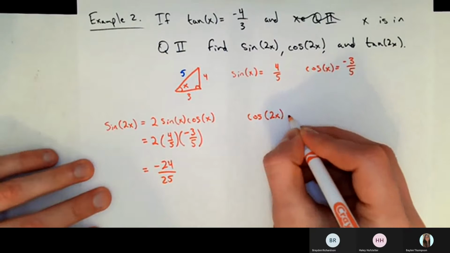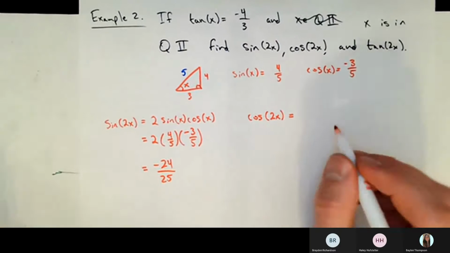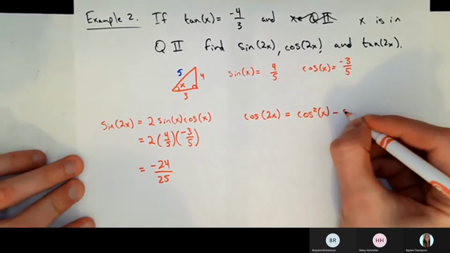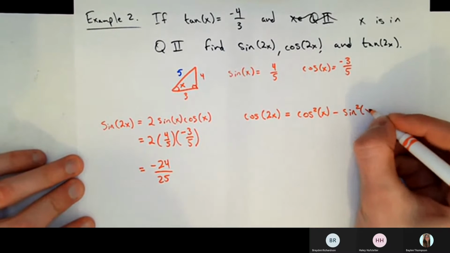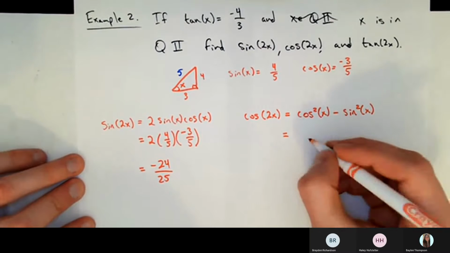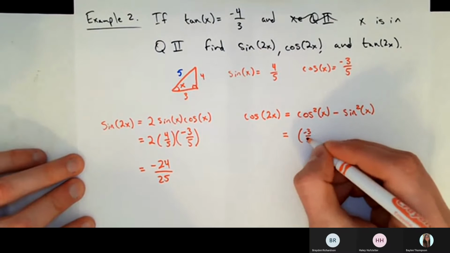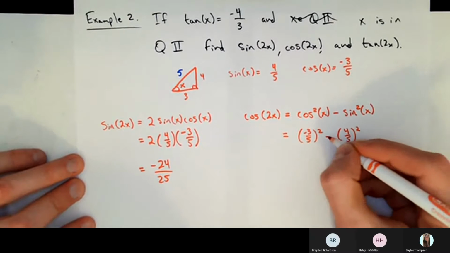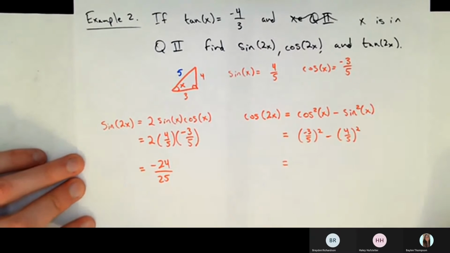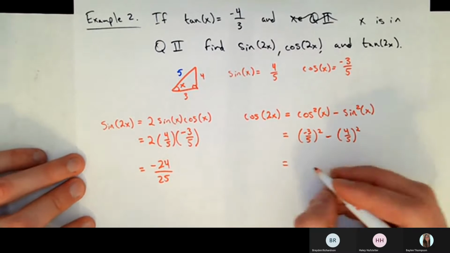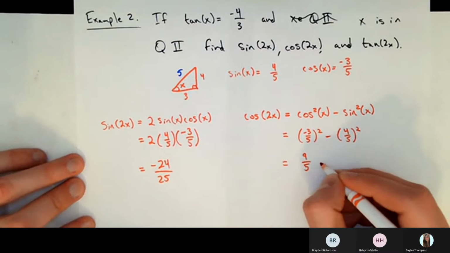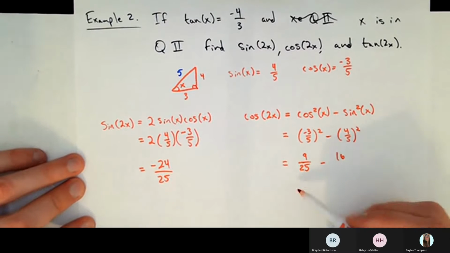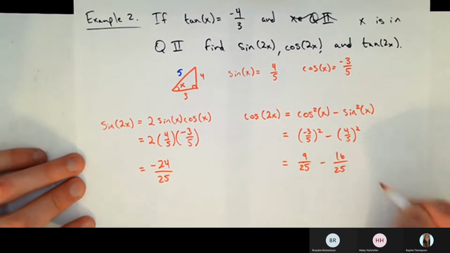Cosine of 2x is going to be, how about I use this one this time, just to mix it up. I'll use cosine squared x minus sine squared x. That's going to be -3/5 squared minus 4/5 squared, which is 9/25, sorry, 9/25 minus 16/25.